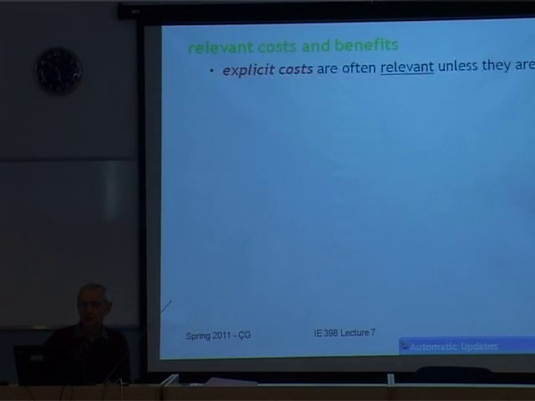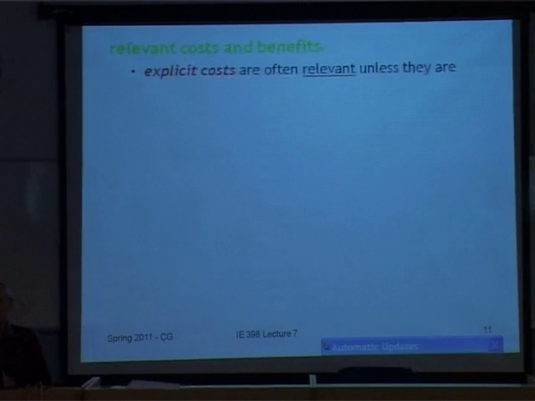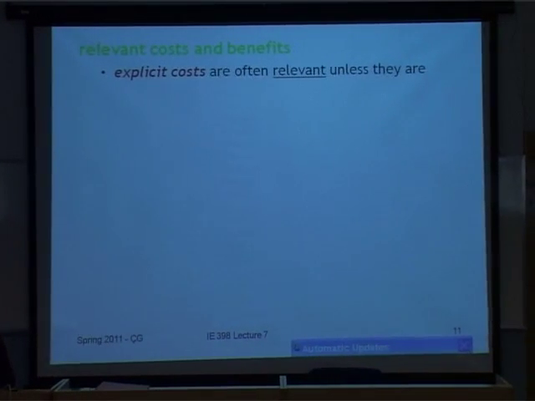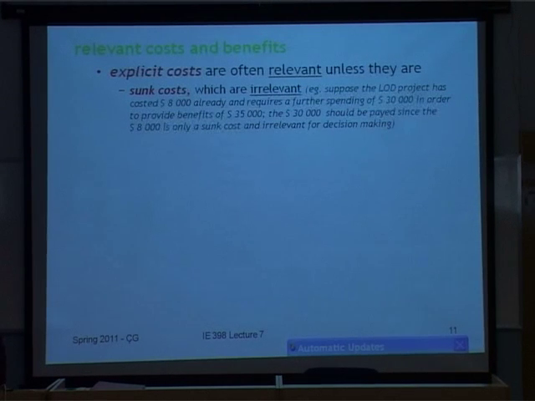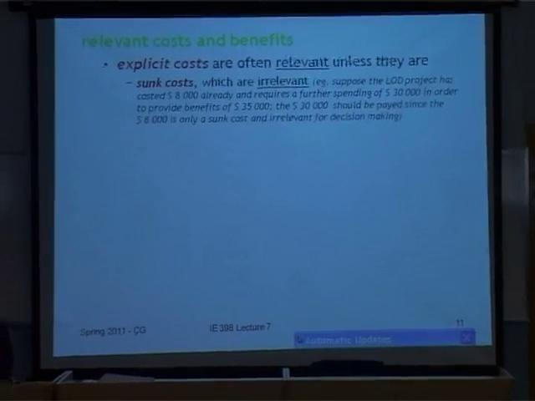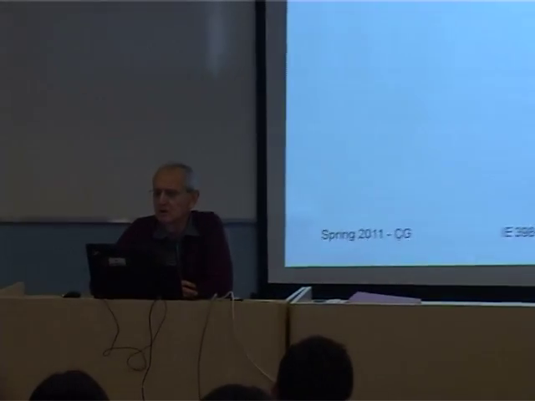Now, going on to the distinction between relevant costs and benefits. Explicit costs are often relevant unless they are sunk costs. If an explicit cost is a sunk cost, it is considered irrelevant to decision making. You know what a sunk cost is. For example, suppose in the LOD case, suppose the LOD project has cost $8,000 already.